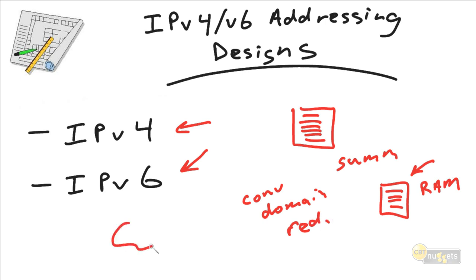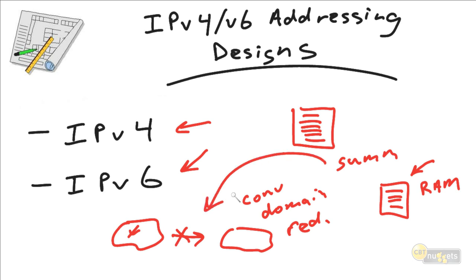Meaning when there is a change in one part of the network, that does not need to be communicated to another part of the network. This is another huge benefit of summarization, and I would argue this is much bigger of a deal than reduced routing tables.